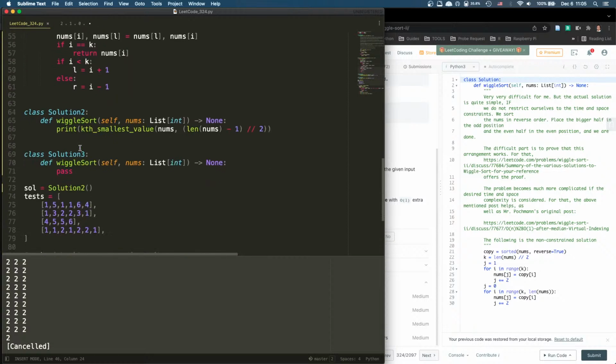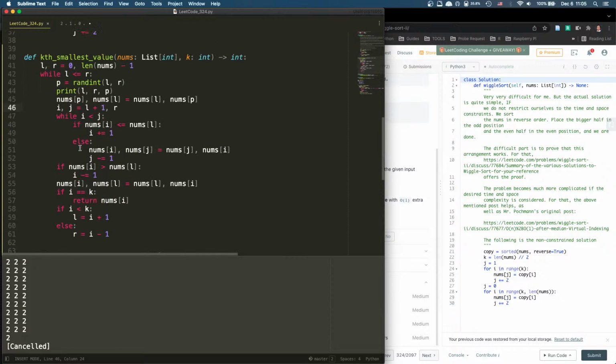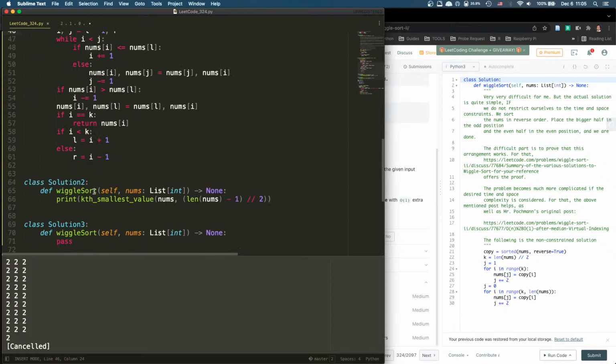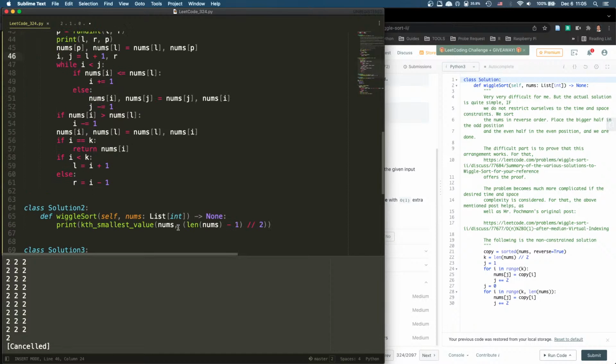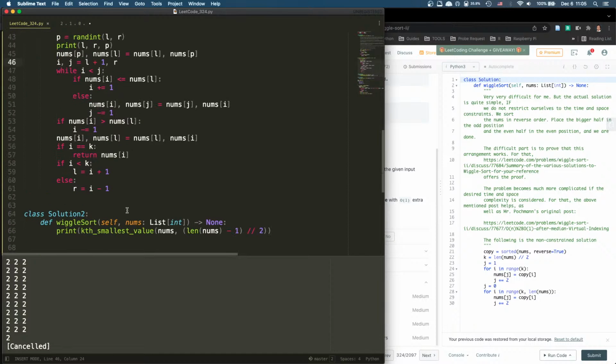Nums 2 is smaller or equal to the left. That's true. No, hold on, we're not doing this one. We're going to say nums 2 larger than nothing, so I equals k. I equals 2, right? K is 2. How?